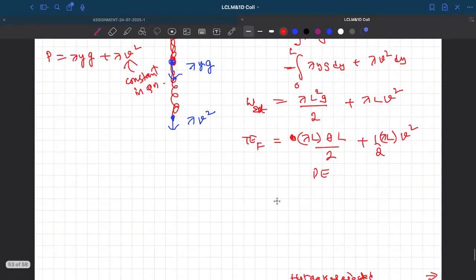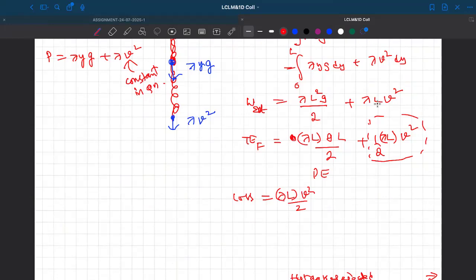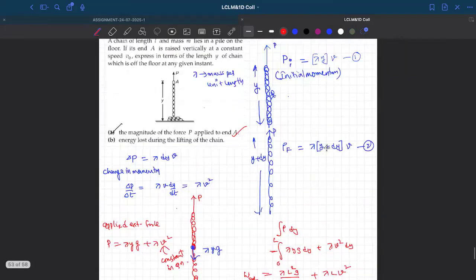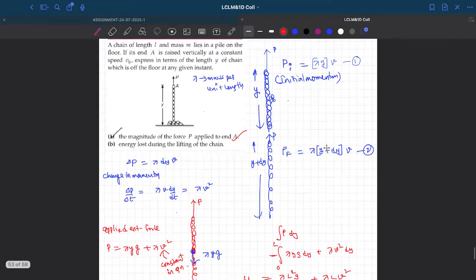So out of the total work done, there is a problem in this part. The missing part is lambda L v square by 2, because whatever work I have done, I am not accountable here. I'm just missing some part, and that is the last part. Now tell me, do you have any doubt in this entire question? Go through this once.